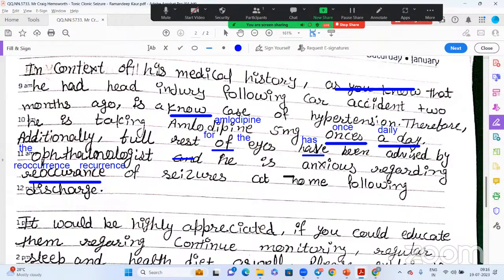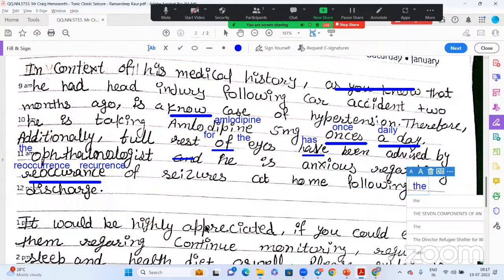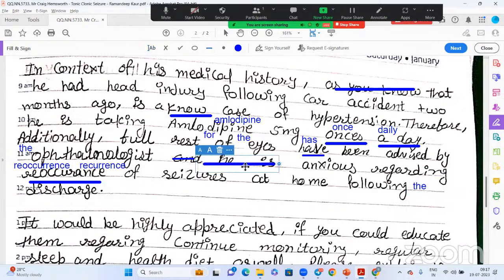You can change the word: following the discharge, or after the discharge, or post-discharge. Then remove 'he is' and say anxiety, not anxious.